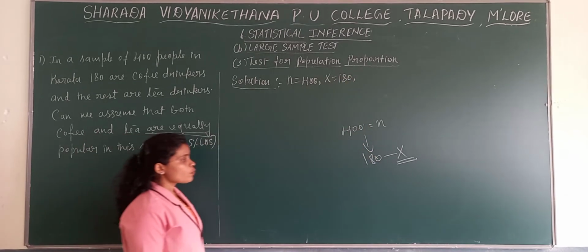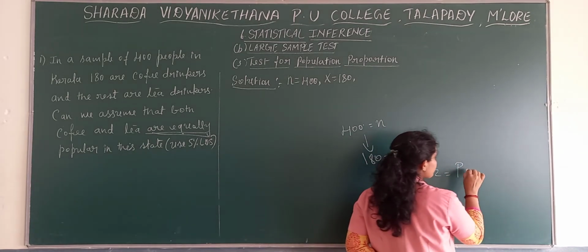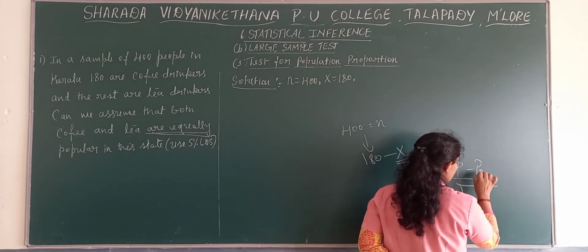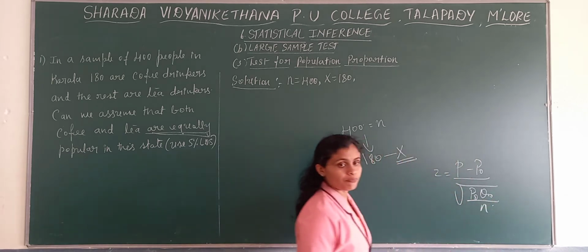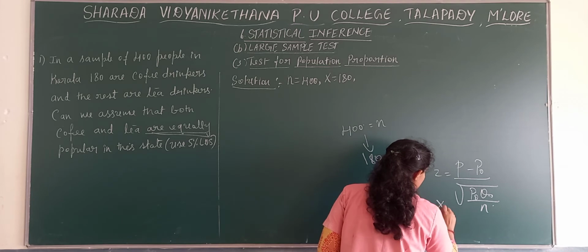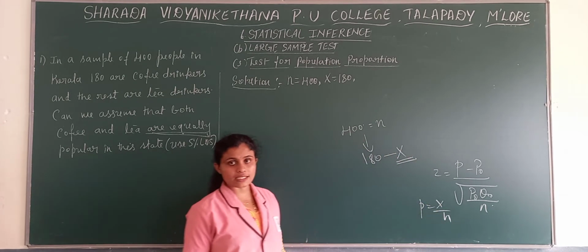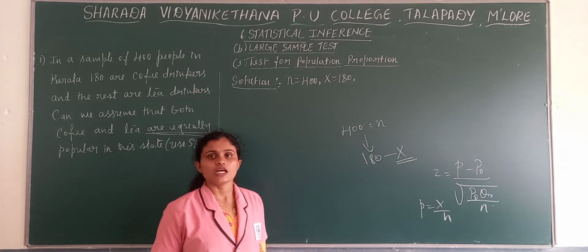The formula is z = (p - P0) / sqrt(PQ/n). We know that p we get from x by n, and we know the values of x and n.